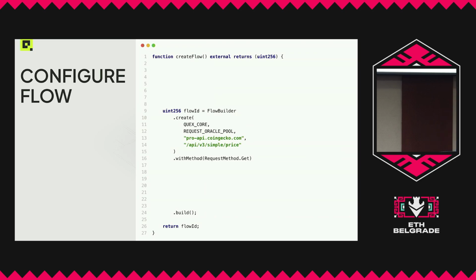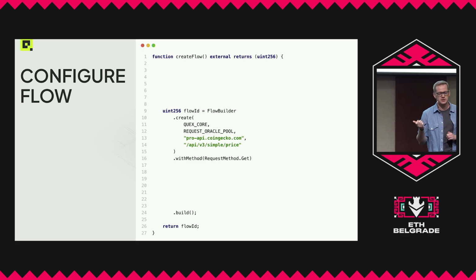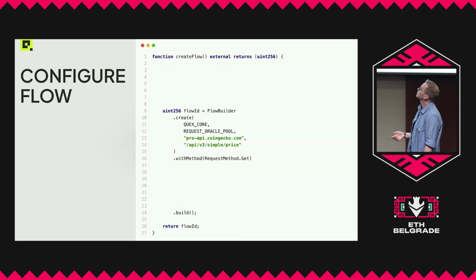You need to specify 2 addresses, of Quex core and the request oracle pool. The first contract is responsible for storing routing information and verifying responses. The second is responsible for storing the configuration of requests.